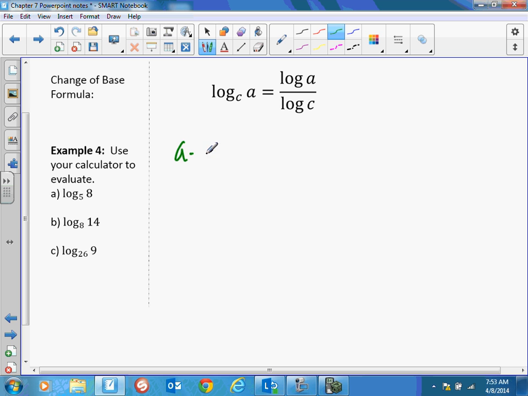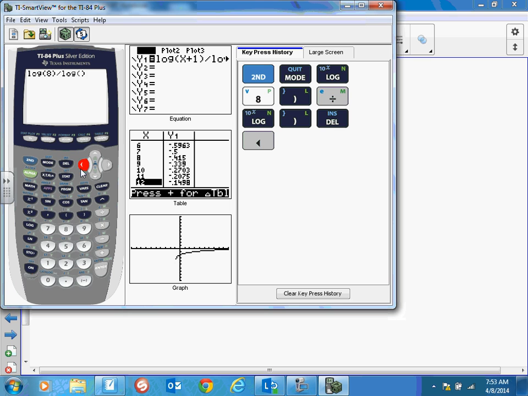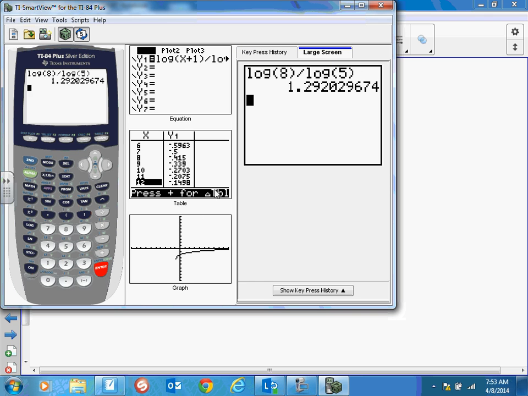So let's do A first. You just do log 8 divided by log 5. And you put that in your calculator. Log 8 divided by log 5. And go to 3 decimal places, so 1.292.